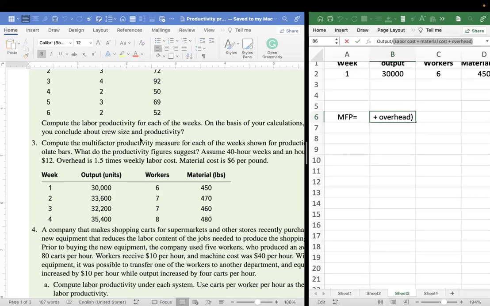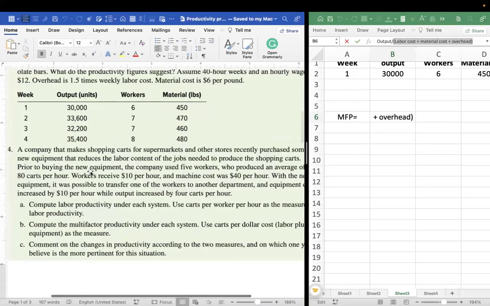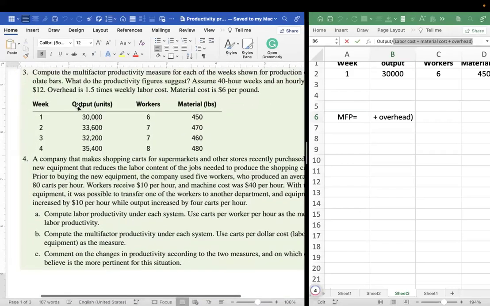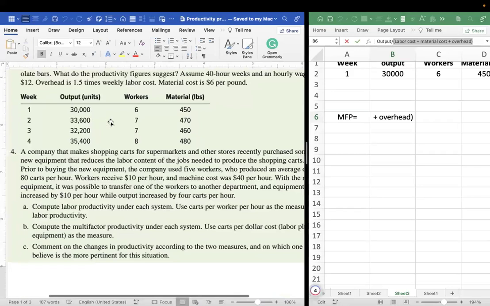Now here, this is our output, which in week one was 30,000 units of chocolate bars. Another input is workers, which means they were using 6 workers, and the material used in making these chocolates was 450 pounds.